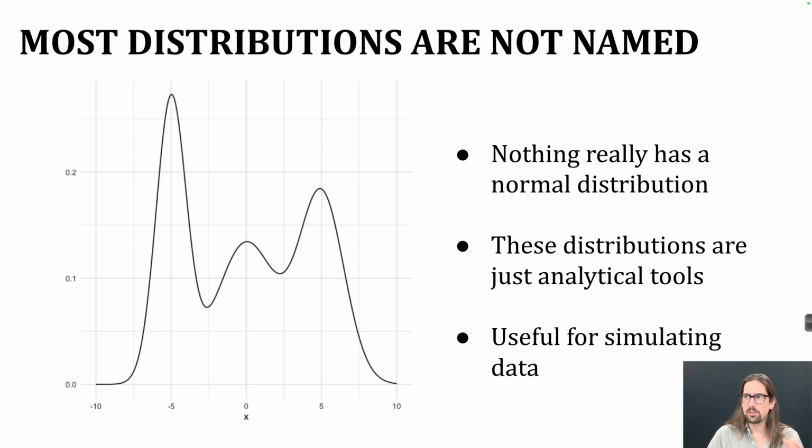These things are just tools to help you think. Nothing is normally distributed. They are useful for simulating data. They're useful for doing math because oftentimes you can show, like I said, that things have limiting normal distributions in large enough samples. And so they're useful for calculating approximations. But you should never really be thinking that something has exactly this or that or the other distribution that is known.